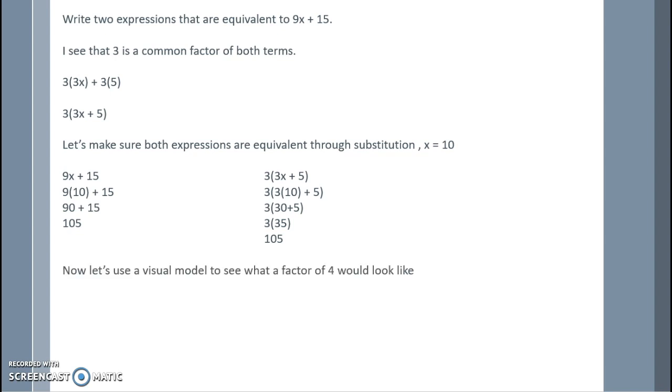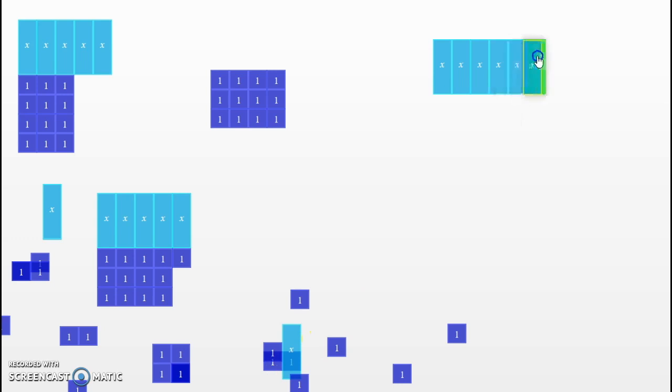Let's use a visual model to see what a factor of 4 would look like. So let's start off with 9: 1, 2, 3, 4, 5, 6, 7, 8, 9, and 15.